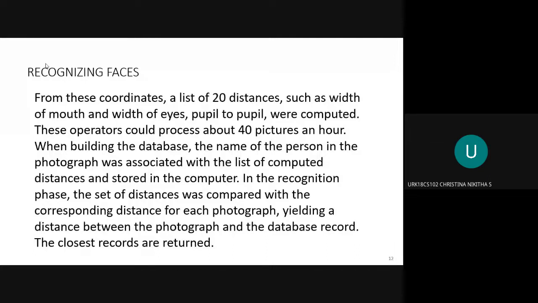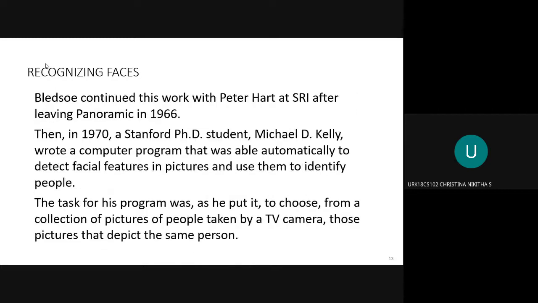The operators processed about 40 pictures an hour, and then a database was built based on the features. The name of the person with that feature was stored in the database, and the distance from pupil to pupil was also stored. During face recognition, the set of distances was compared with the photograph, and the closest result was returned.